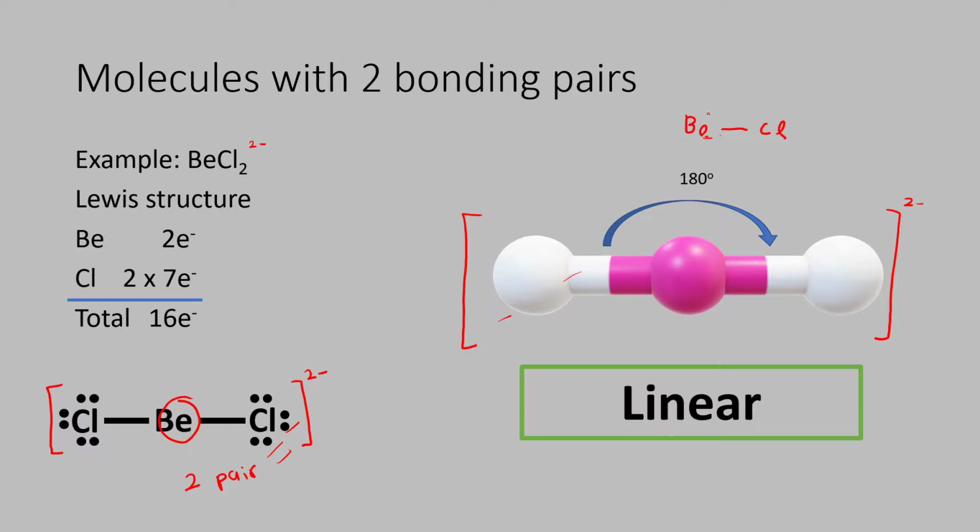Skala lone pair ni dah tak perlu dah nak lukis. So if you guys ingat the animation tadi, how kita nak letak the second chlorine to be as far apart as possible from this chlorine? Okay, this is all with the geometry, mathematics. You know, kalau circle, berapa degree in circle? 360. Yes, 360.